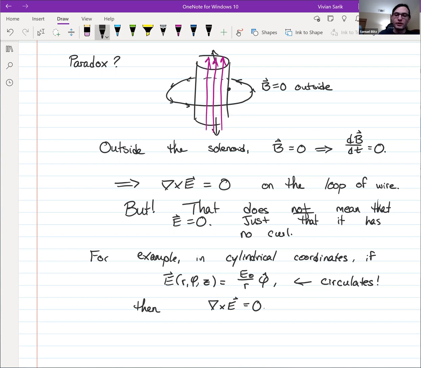And so if the electric field is non-zero on the edge of the solenoid, then it can't be 0 slightly further away from the solenoid. Otherwise, the curl would be non-zero, but the curl needs to be 0. And so you have to have a little bit of electric field as you move further away from the solenoid. It's just because the electric field is circulating inside the solenoid that the electric field also has to circulate outside the solenoid.